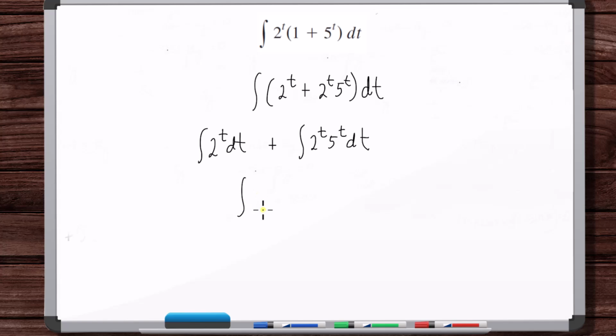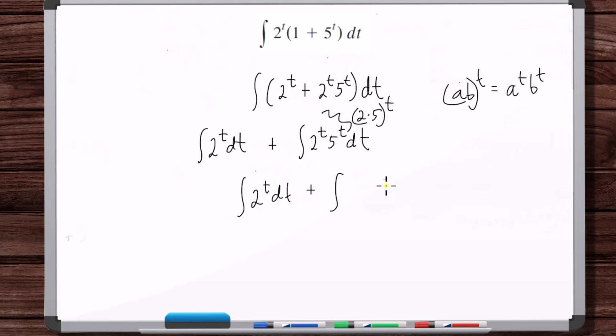Okay, so what we can do is, we'll leave this as is. Here, we can write this as 2 times 5 to the t power, right? Because ab to the t power is a to the t, b to the t. So you see this is 10 to the t power.